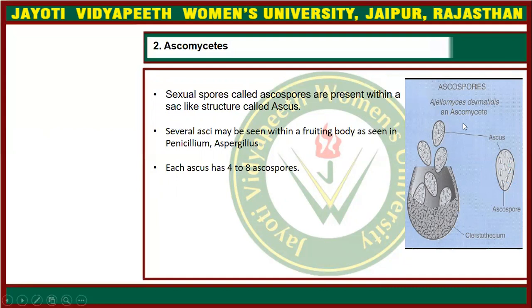In a single fungus, many asci may be present. The complete asci structure is found in the cleistothecium, which is the sac which contains these asci.